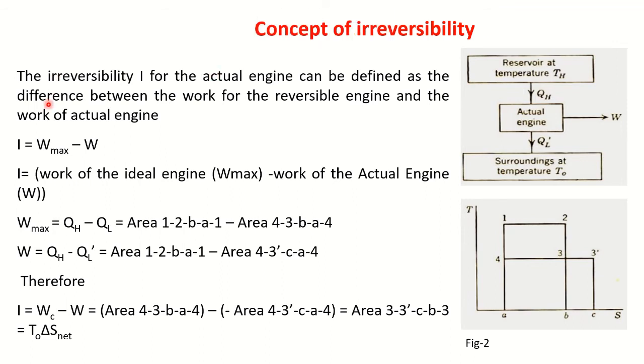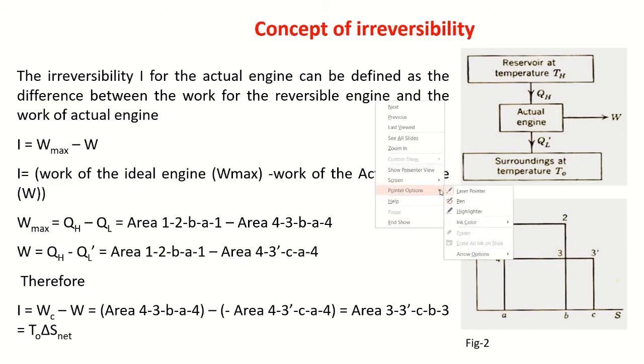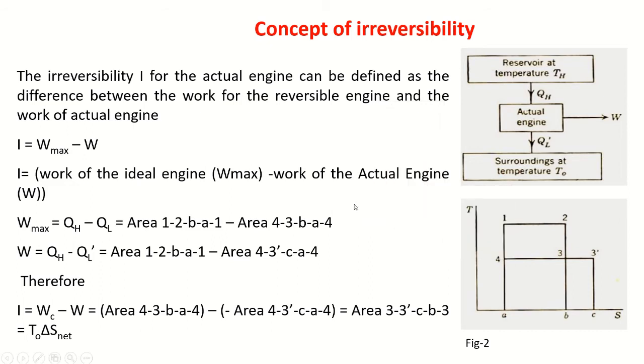Now let us discuss the concept of irreversibility. See, it is the difference between the maximum work and the actual work. So what exactly does it mean? So let me put it this way. Same Carnot cycle.